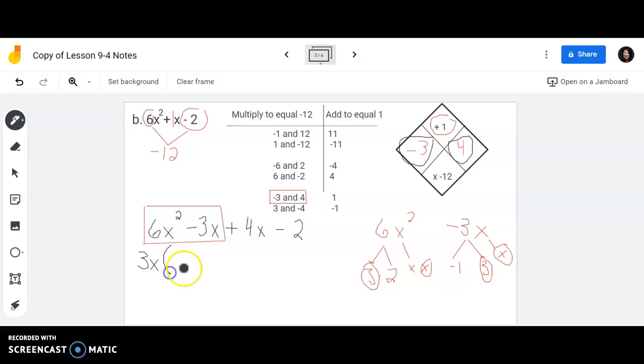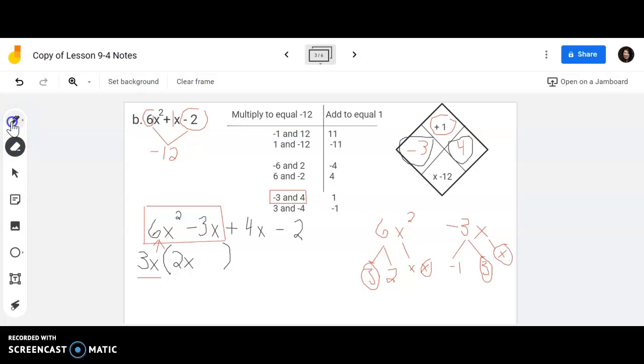Now when looking for the second factor, you want to ask yourself, okay, 3 times what is going to multiply to 6x squared? 3 times 2 is going to get us 6, and then we need one more x, because 3x times 2x will get us 6x squared.